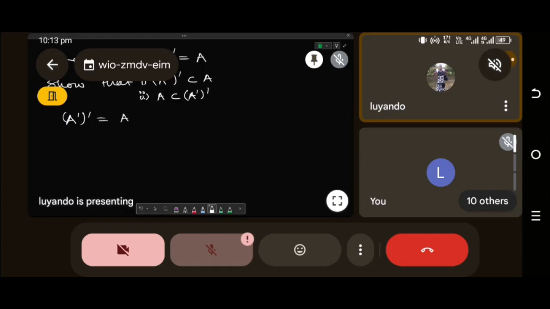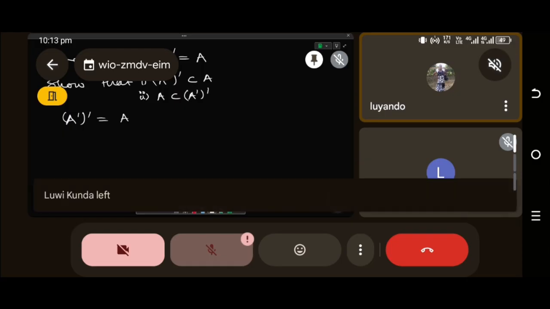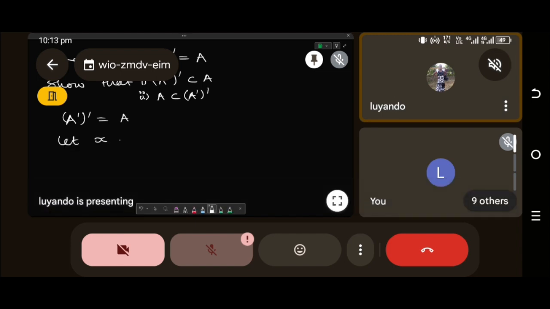So you are going to say, let X be a member of A complement complement. Okay, are we together on this point? So you say let X be a member of A complement complement.